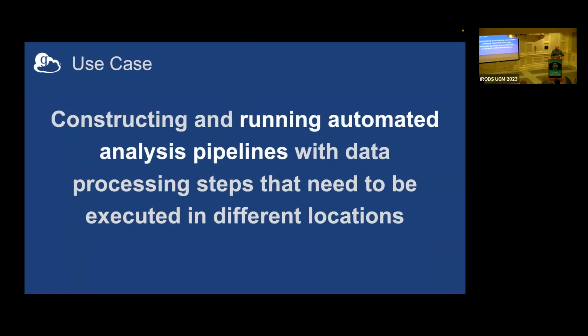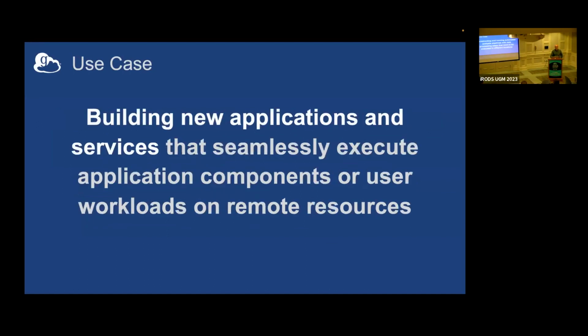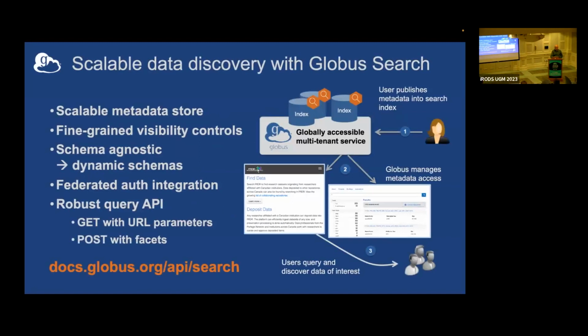Another common use case is running some automated analysis pipeline that has multiple compute steps that require different types of resources. And we've also got a few people using it as a platform for building their own compute services. So we have some metadata extractors that run at different compute centers based on where the data is located.